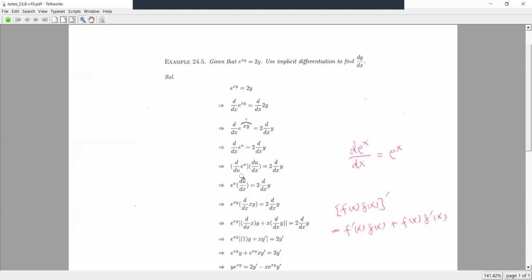Derivative of e to u with respect to u is e to u. Now, remove u. Plug in x times y for u. Then I have this equation.